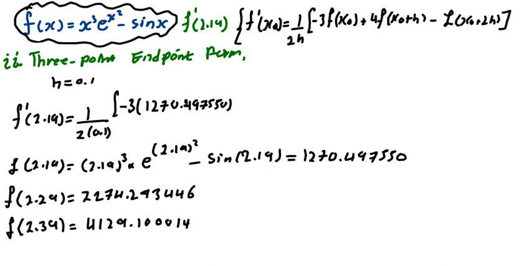Then this will be 1270.49750. I'm trying to see if I can reduce the size of my pen. Then here it is plus 4 open bracket. I hope this is visible enough.